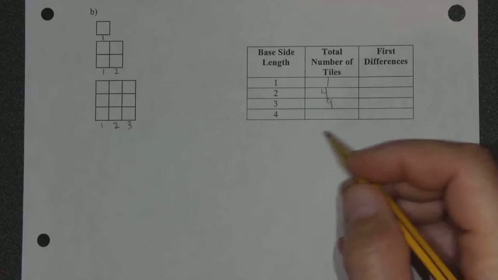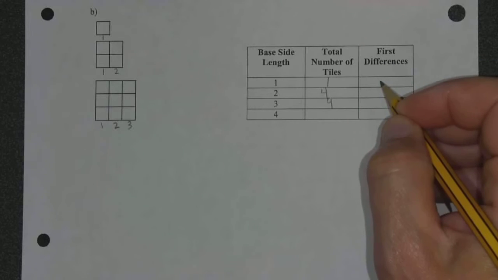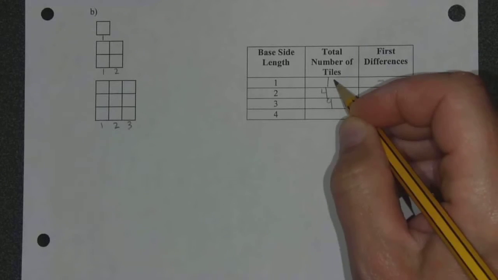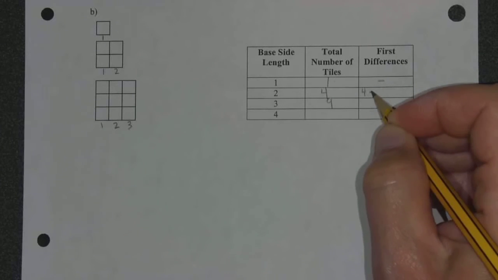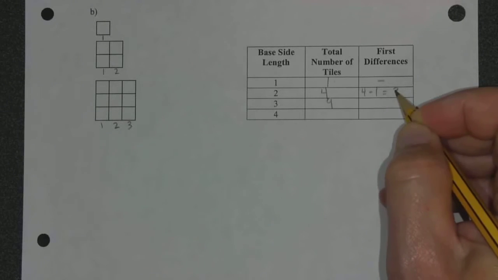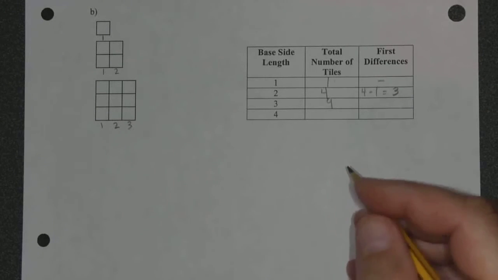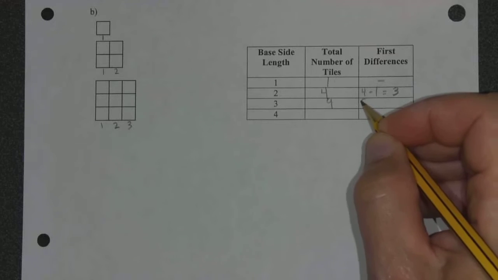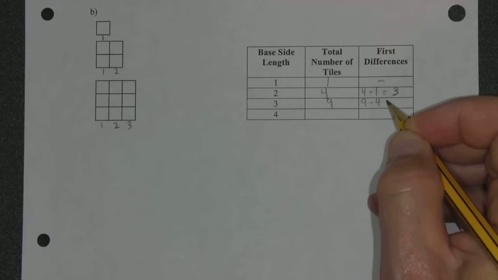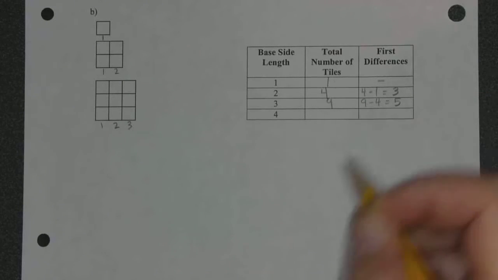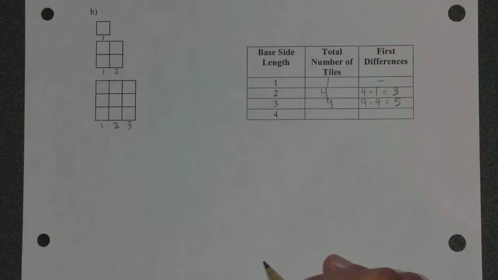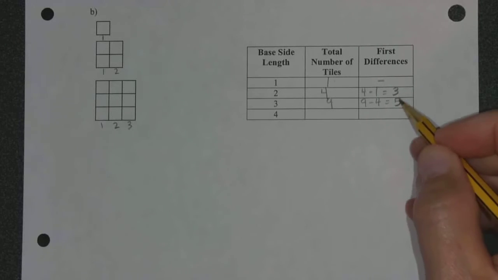So let's see again if we can get a pattern over here. Okay, so first differences, second one minus the first one. 9 subtract 4. So you can see that there's already going to be a pattern over here.